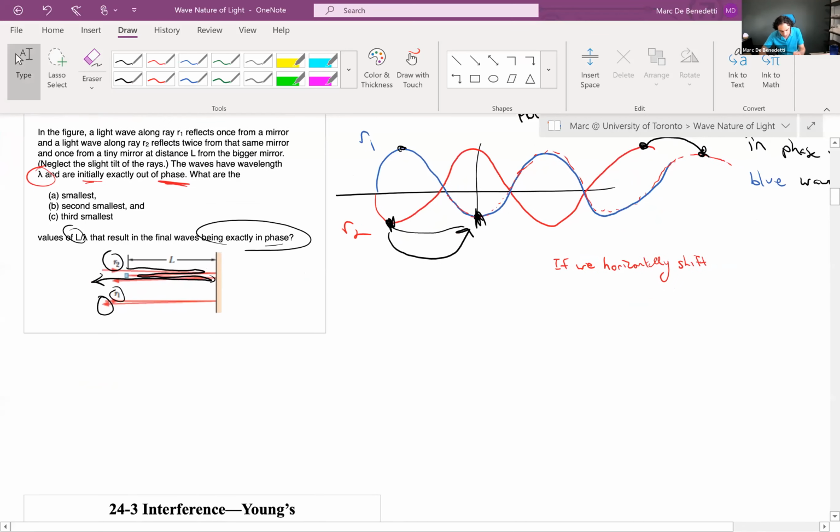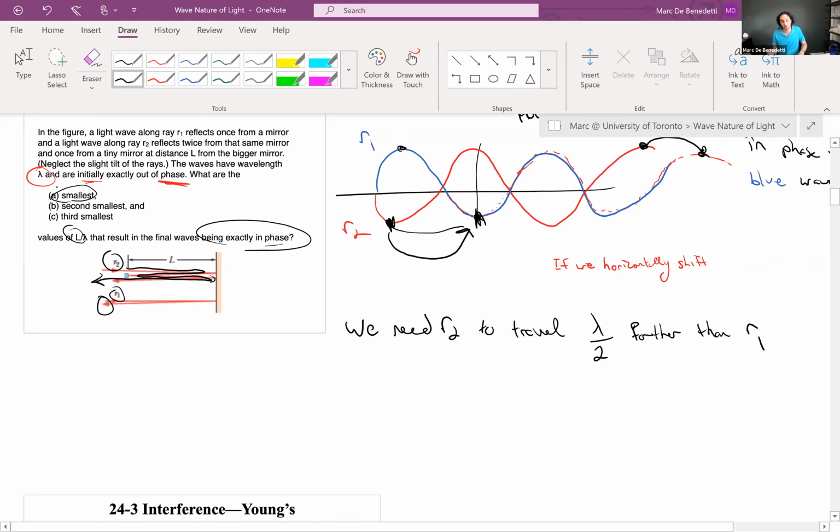So what we need here is we need ray 2 to travel a half lambda farther than ray 1. That would be the smallest, a half lambda.